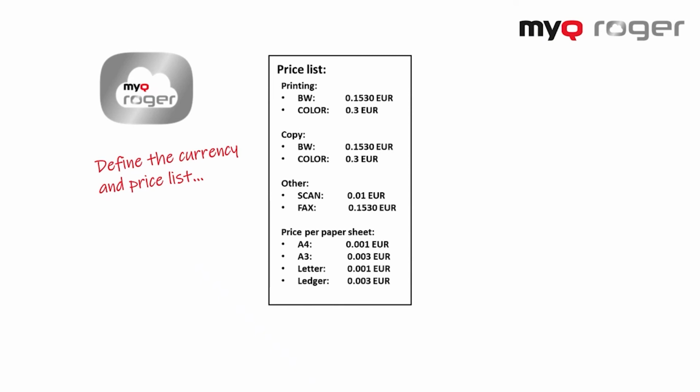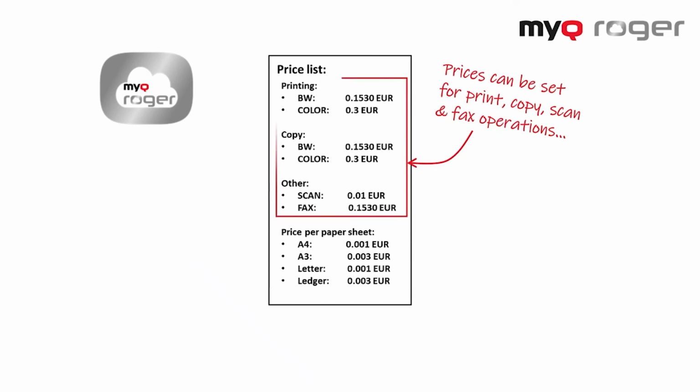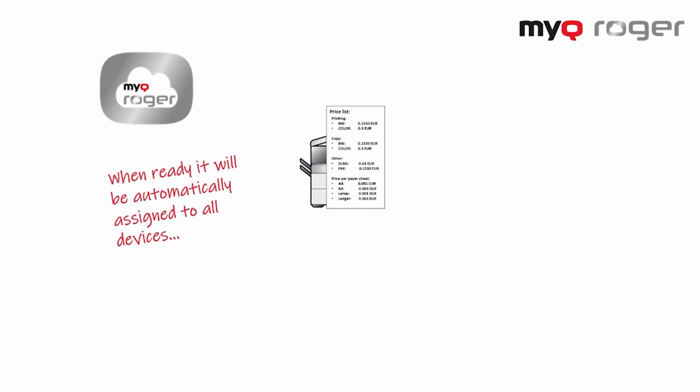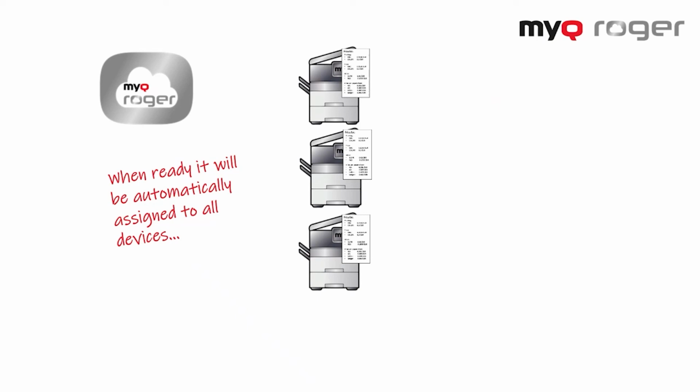As you can see, it's pretty identical to MyQ X. You can define a price per printing, copying, scanning, and faxing. On top of that, there is an option to define a special price per used sheet of paper. That price list is then automatically assigned to all new devices, so you don't have to do it manually.